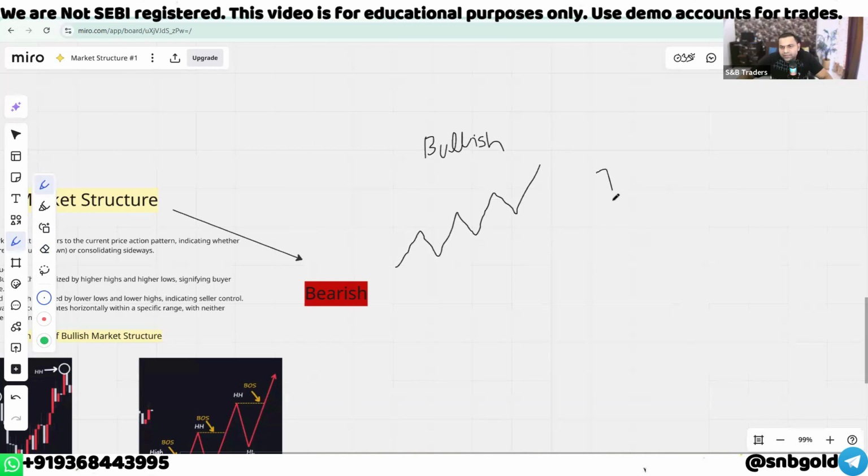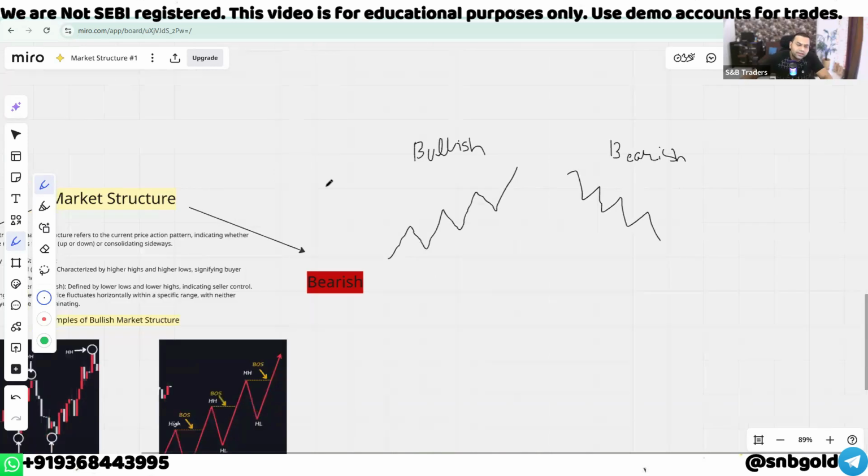Now, if the price is going like this, that is bearish. ये हमारी bear market है. Bear market is when the price action is downwards. Price जो है नीचे जा रहा है. That is your bear market.